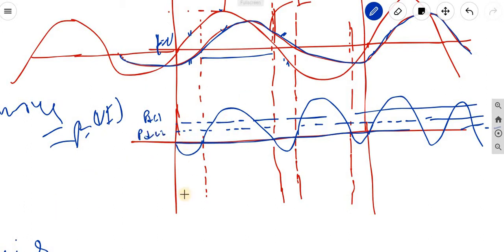There is a fraction of things that will come, so PDC2 to PDC1.